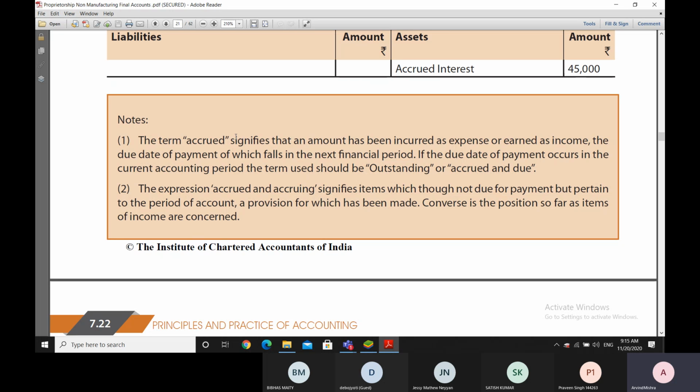So if the due date for payment occurs in the current accounting period, the term used should be outstanding, or accrued and due.